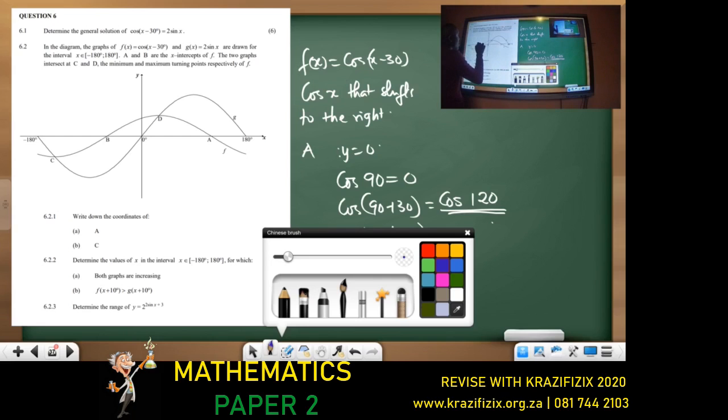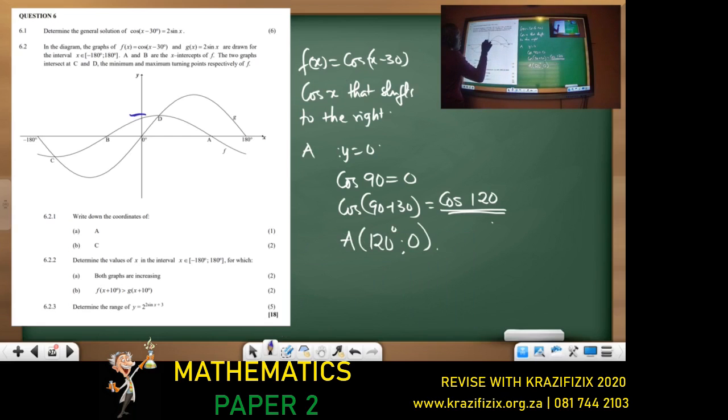Your cos graph actually has cos 0 there, alright, and cos 90 there, negative 90, alright, such that, okay, I've gone beyond that, such that that is negative 1. So you can see it has shifted to the right. That means by 30 units, that point has to be negative what? 150 degrees.